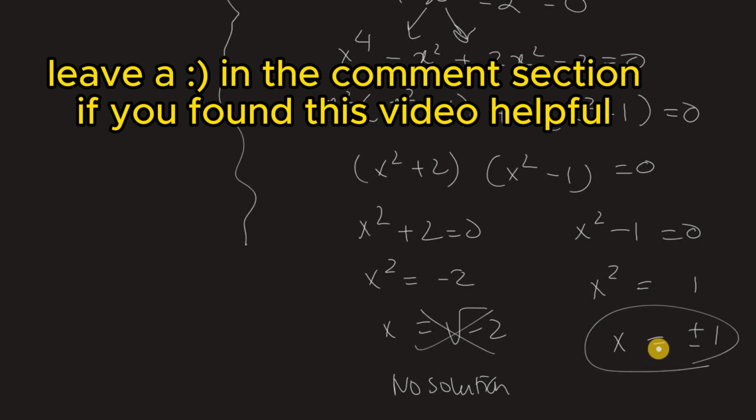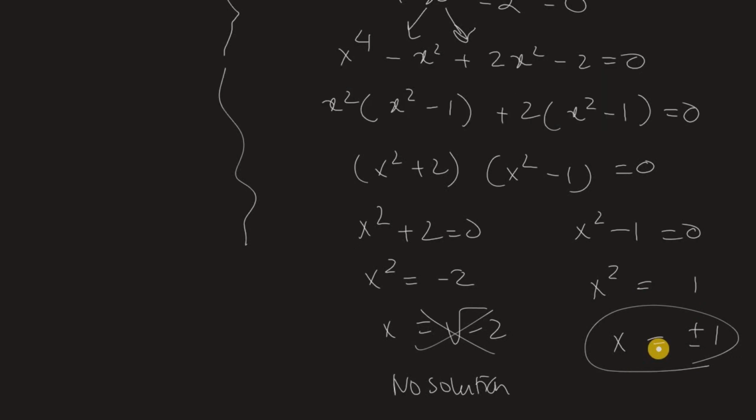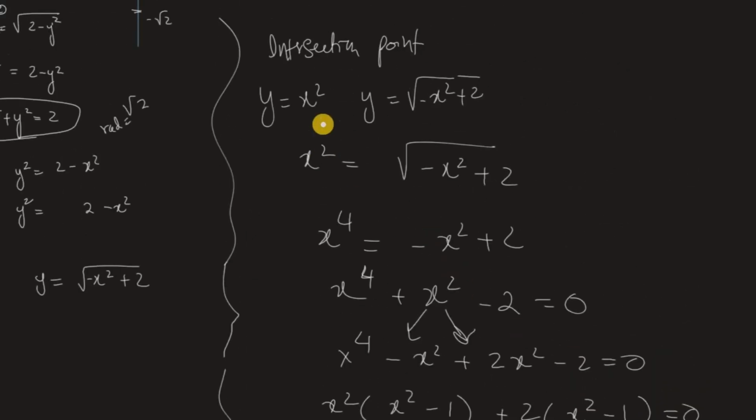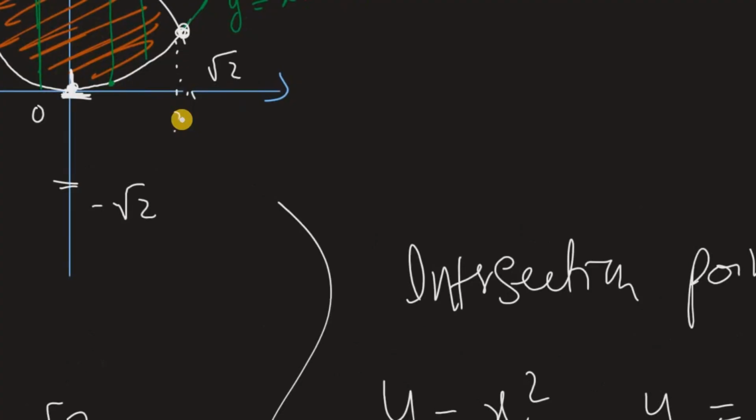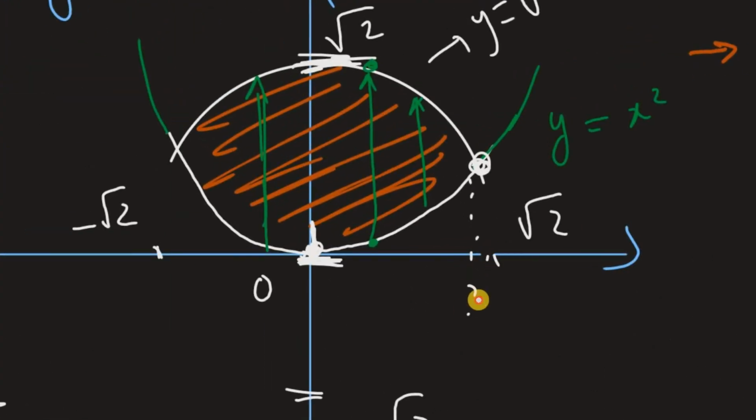So you got your intersection points that you were looking for in terms of x. It is negative 1 and positive 1. So here for the x, it's positive 1 here, and here it's negative 1.